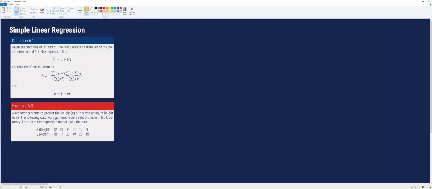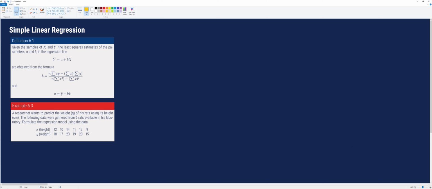Before we start the demonstration, let's first define the parameters that we will estimate. Given the samples of x and y, the least squares estimates of the parameters a and b in the regression line y hat is equal to a plus b times x are obtained from the formula b is equal to n times the summation of x times y minus the product of the summation of x and the summation of y, all over n times the summation of x squared minus the square of the summation of x.